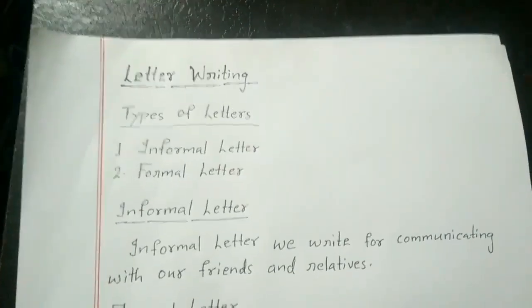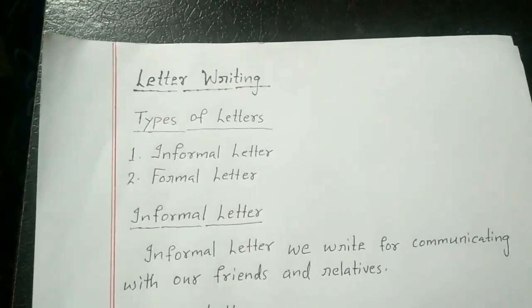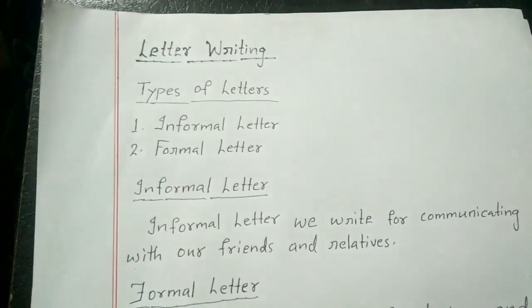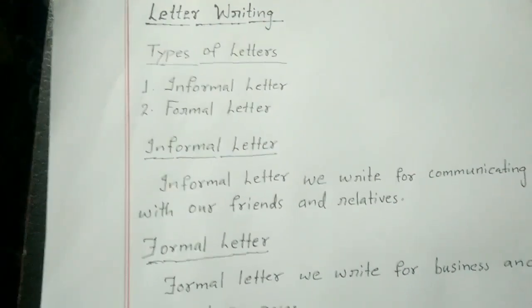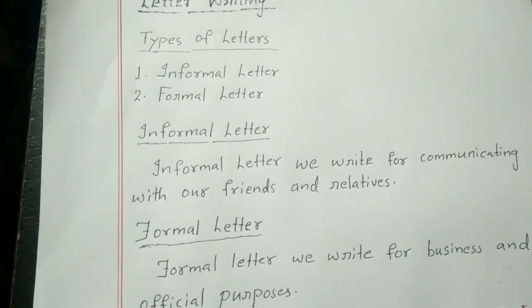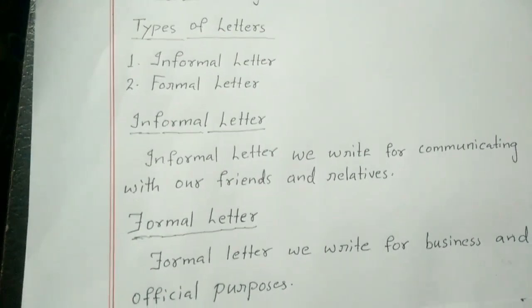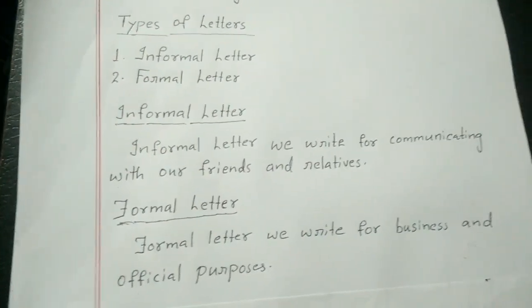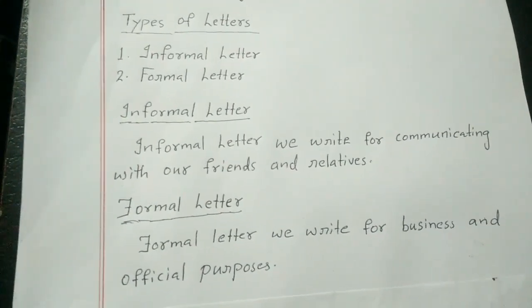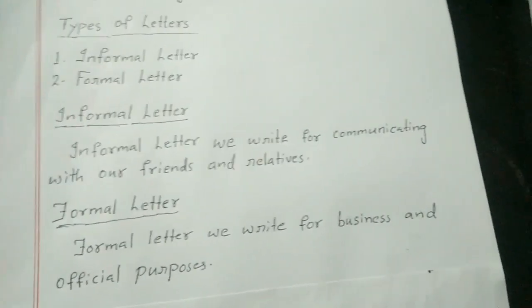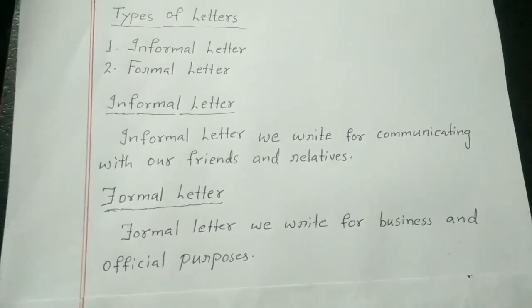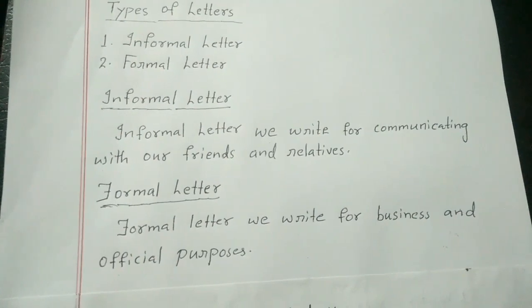So first in your copy give the heading letter writing, then types of letters, one informal letter and second formal letter. Then again give the heading informal letter and give the description. Informal letter we write for communicating with our friends and relatives.